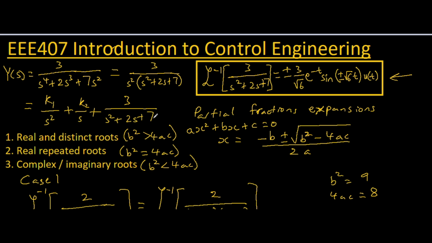Let me make a claim that we're supposed to have this not as 3, so let me erase this 3 over here, because we are not sure what will be in the numerator there. Rather, let's have k3 s plus k4 in our numerator.